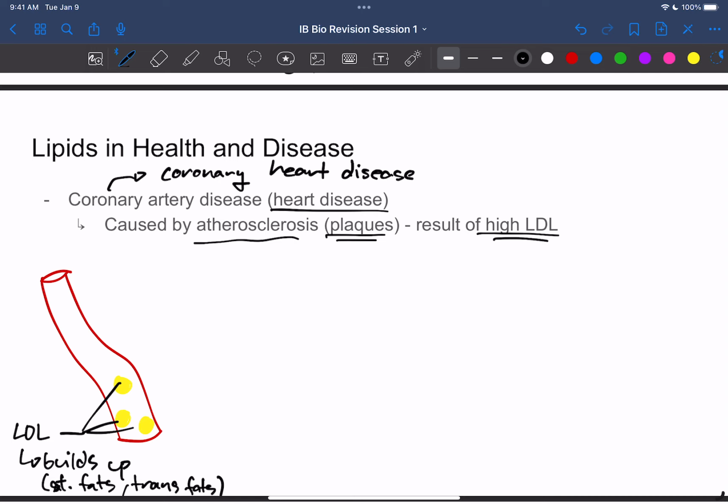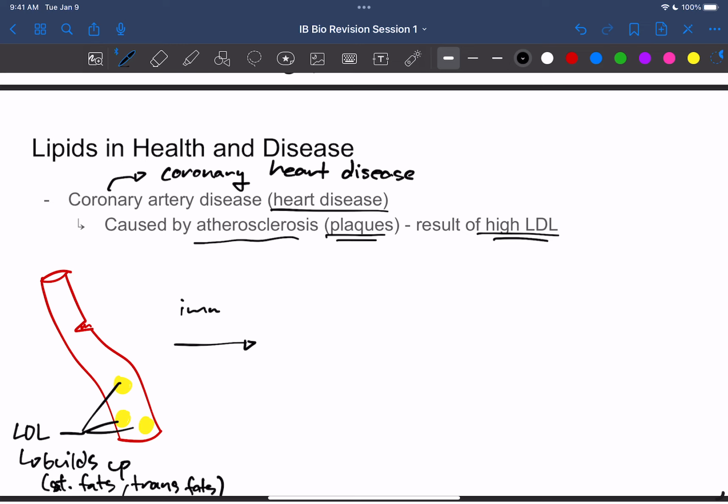And when this happens, this creates a problem because let's say you cut yourself. Well, when you cut yourself, you hurt a blood vessel. You hurt this blood vessel. It creates a little cut. So when you get a cut, your immune system responds because your body wants to fix it.